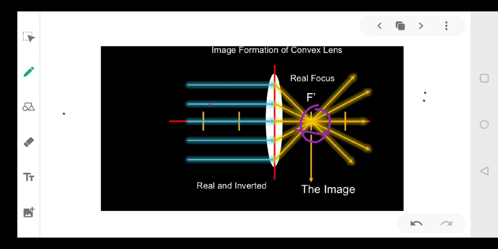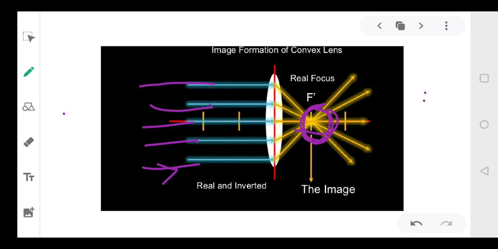See, we've talked about that there are two lenses. One is a convex lens and the second is the concave lens. In convex lens we'll define what is the principal focus of convex lens. When we put a large number of parallel rays, all the rays coming parallel to the principal axis will converge at a point after refraction, and that point is called the principal focus of the convex lens.